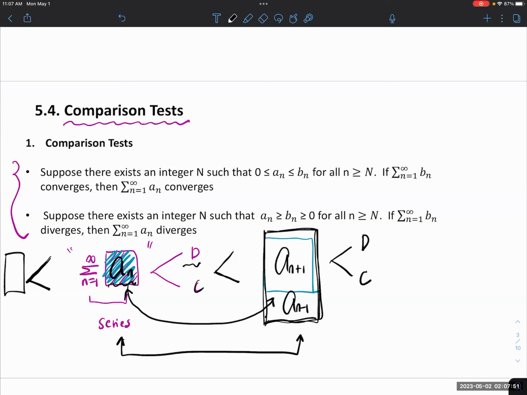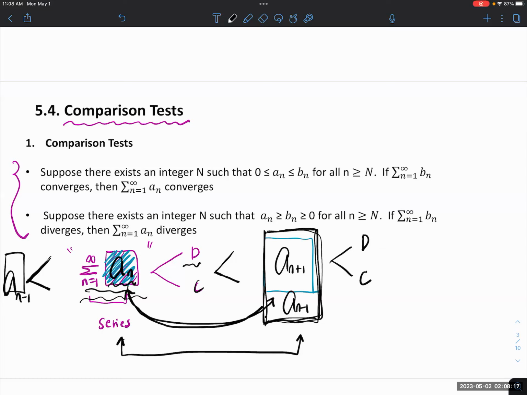You can also think about the squeeze theorem as well. The comparison test is very useful because as long as you have some relationship between an plus 1 or an minus 1, you can say whether this is divergent or convergent without doing any complicated work.